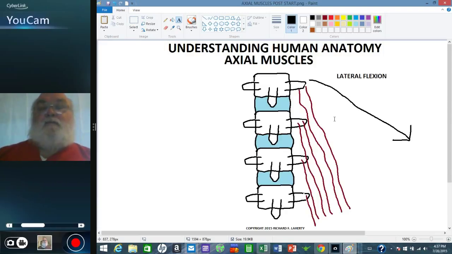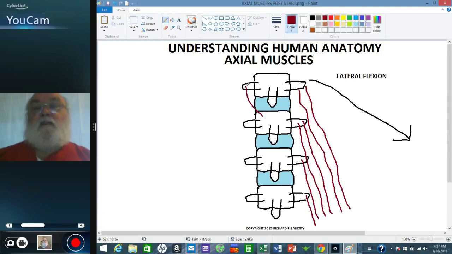Now, these pre- and postvertebral muscles also can act to rotate the spine. And there are small muscles, for example, that run from the lamina of one vertebra to the transverse process of the vertebra just above.